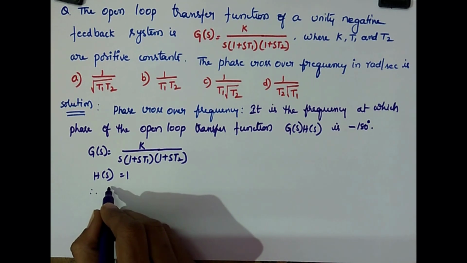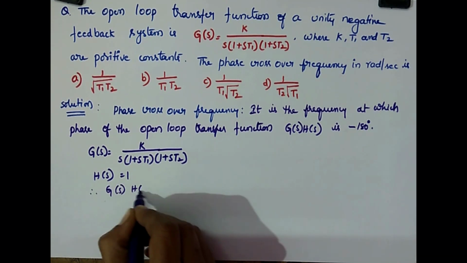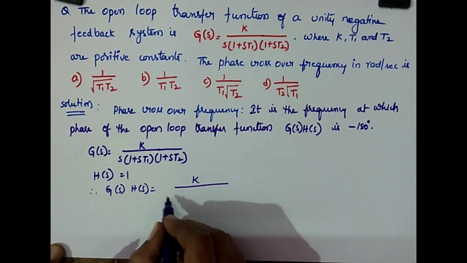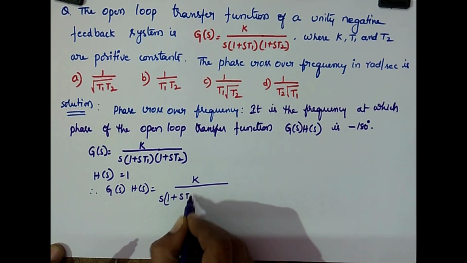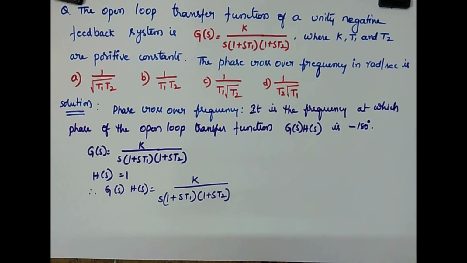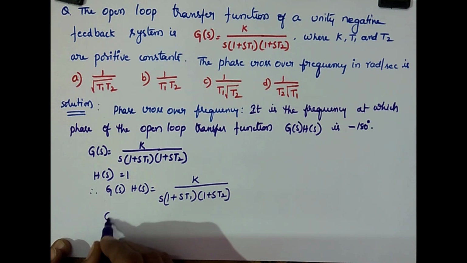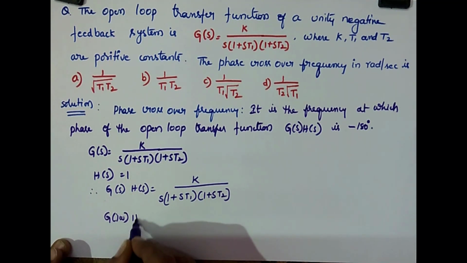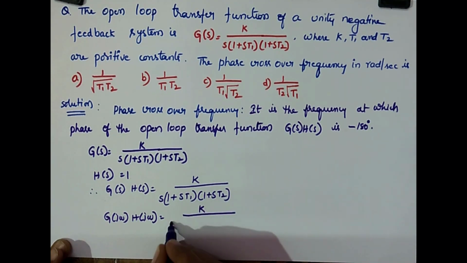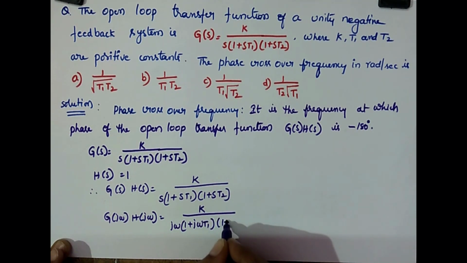Therefore G(s)H(s) = K / (s(1 + sT1)(1 + sT2)). Now write it as G(jω)H(jω), so it is K / (jω(1 + jωT1)(1 + jωT2)).